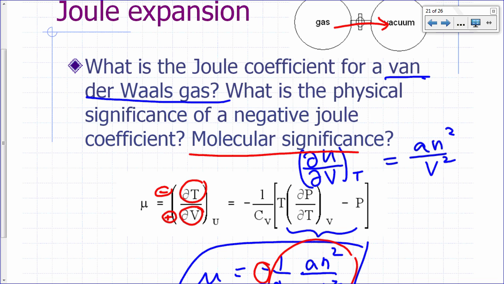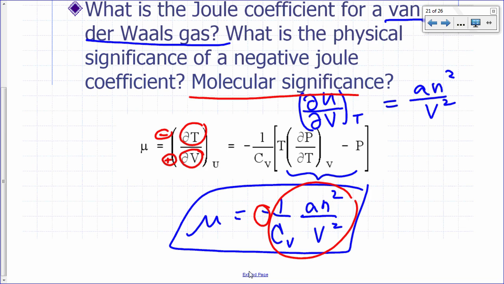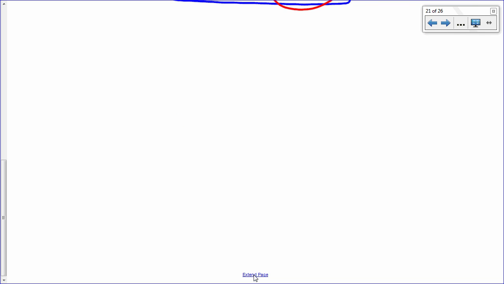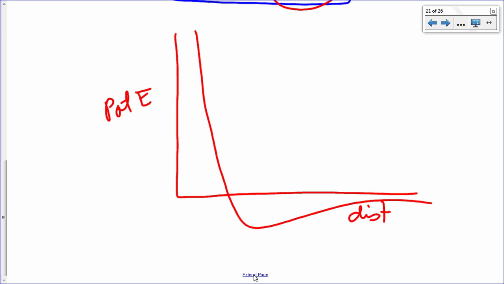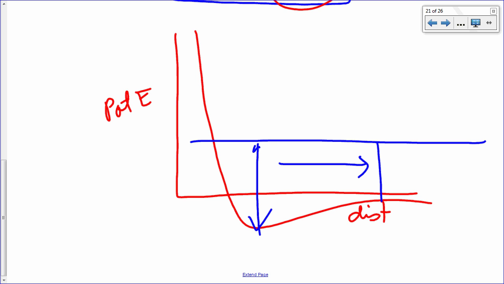What's the molecular significance of this? Well, you go back to your interaction potential, potential energy versus distance between two molecules, which would look something like this. So if you're expanding, you're going from, let's say, an average distance here to here, you're increasing the average distance. So if that's your total energy right there, expansion leads to a decrease in the kinetic energy.